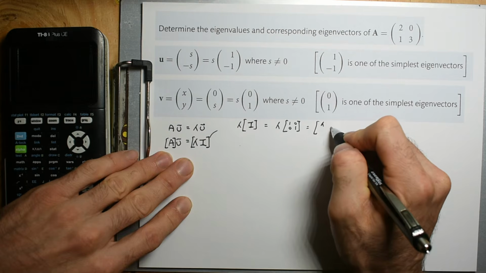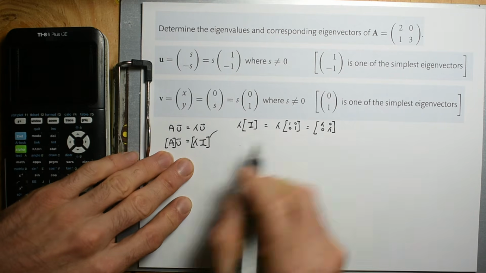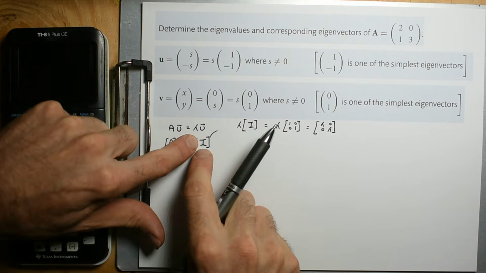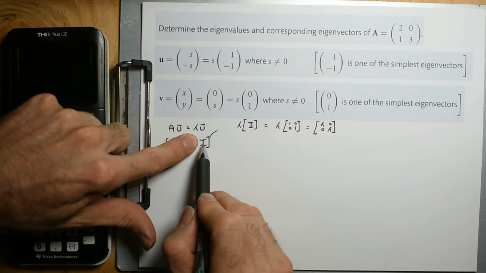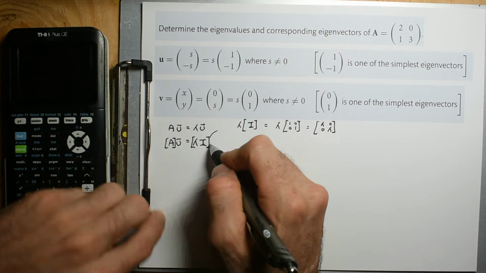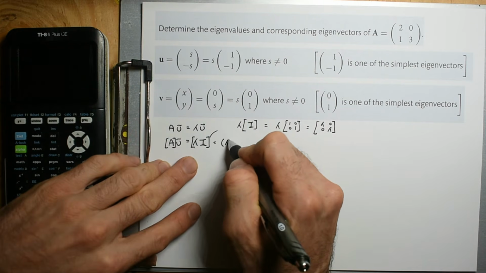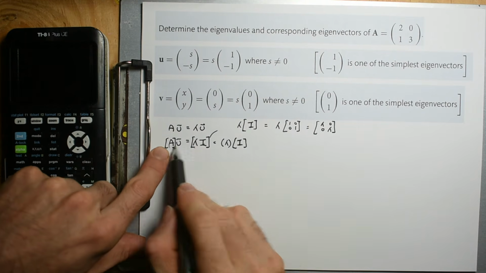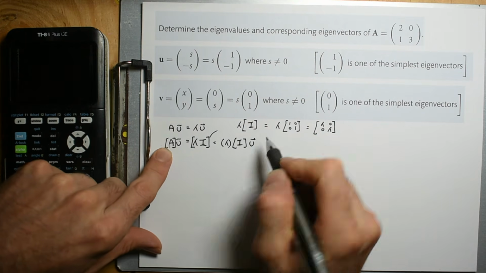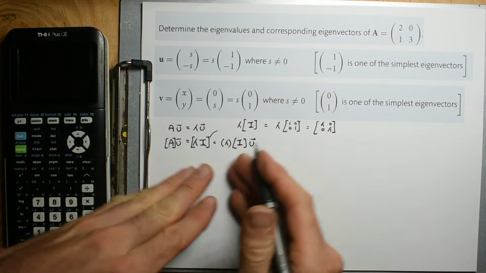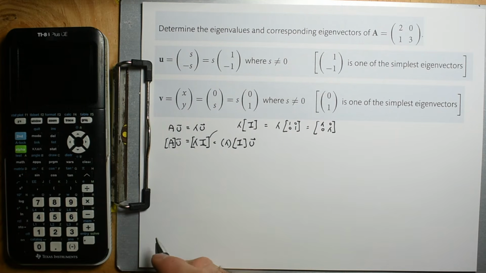But you can't just put brackets around this and say this is a scalar. This is a matrix, and that's multiplied by a scalar. So you would do this to show that we have same size matrices.